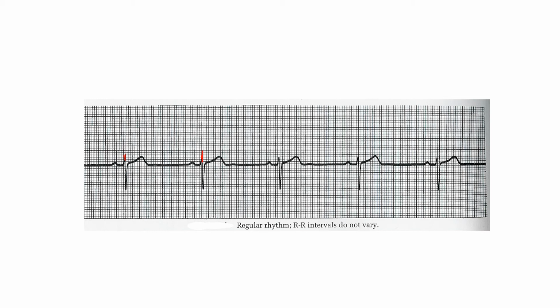Then you move this part of the caliper over to this one, and this one goes to the next one. Same thing with the next R to R. I like to just pick them up and move them to see if they are the same distance apart, and they are. So this R to R has no variations. It is exactly the same number of small boxes apart. So we would call this a regular rhythm.